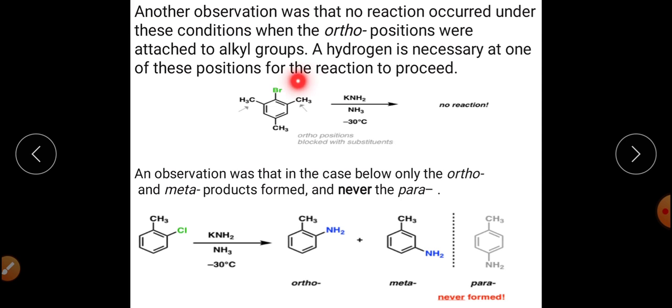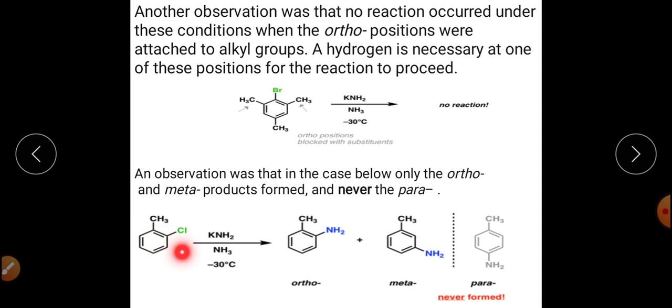The reason being, the first step will not be possible in that case, right? So there is a requirement of this particular hydrogen. So it is a strong evidence that proves that the mechanism for this reaction is through the formation of the intermediate benzyne.